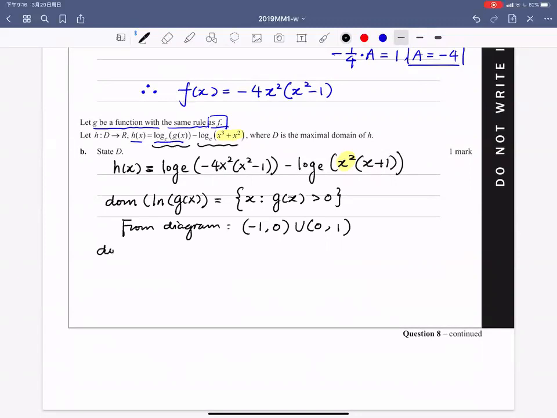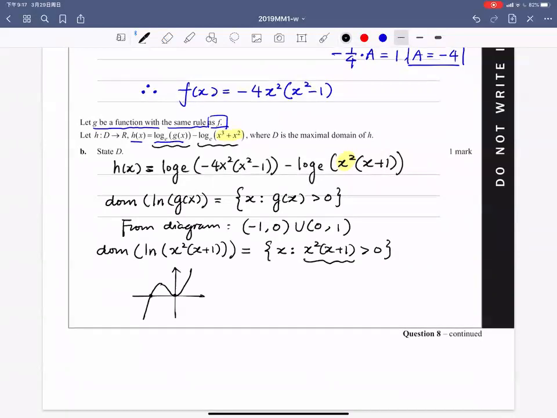Now, for domain natural log x squared x plus 1, it's a set of values of x such that the inner function is positive as well. Let's look at this bit. I know this x squared should be a touching point at 0, and this is a distinct root.